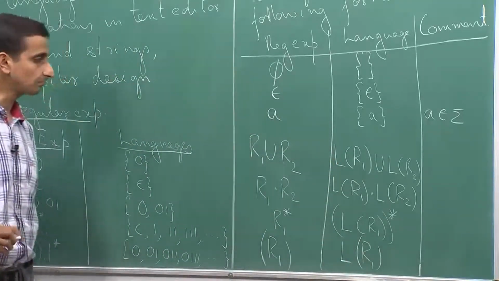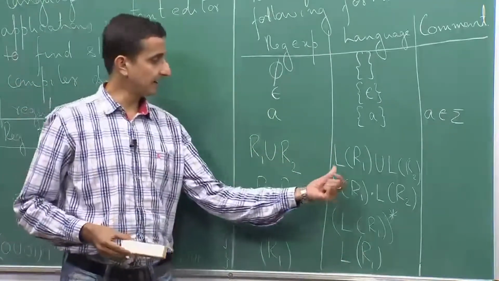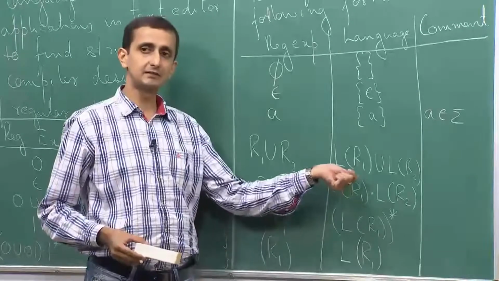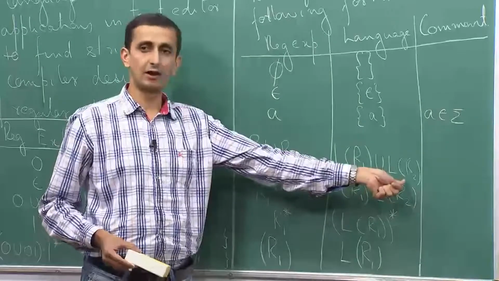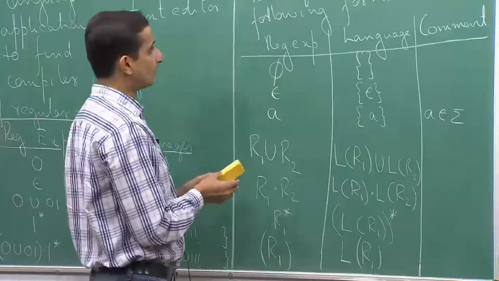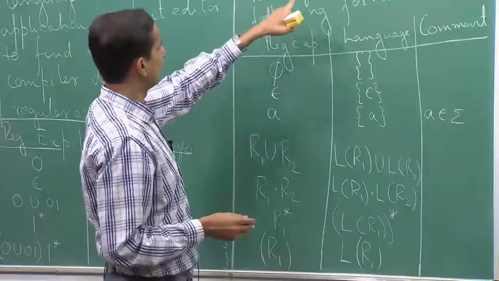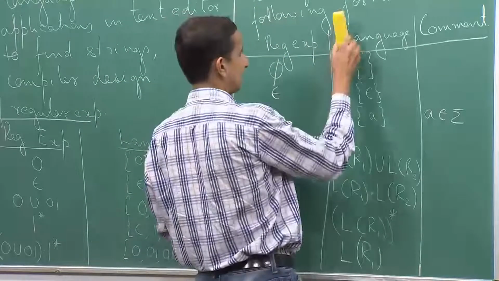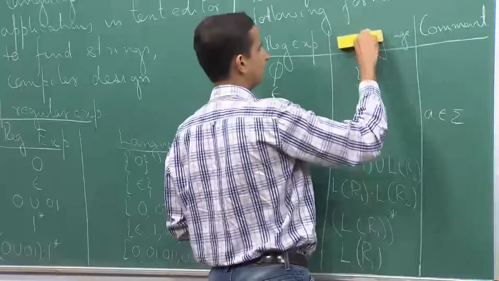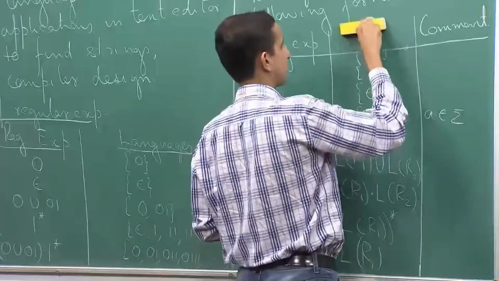So what do we mean by L of R1? This is the language of the regular expression R1, and same for L of R2. To be more precise, R is said to be a regular expression if R has one of the following forms.